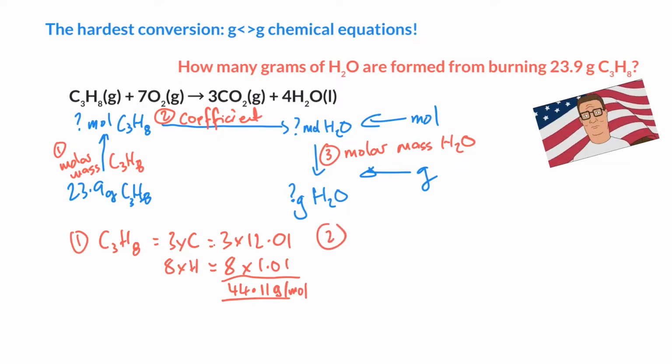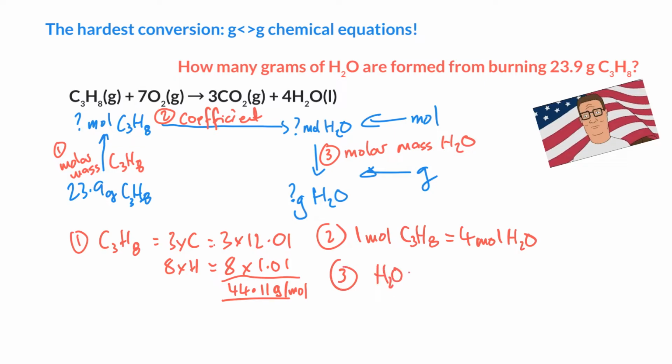And if we take our fingers again, we've got 1 of those, keep our finger there, and we've got 4 of those. So we need to write that 1 mole of C3H8 will make 4 moles of water. It's really just a ratio, so even though we don't have 1 mole, it's still in that 1 to 4 ratio.